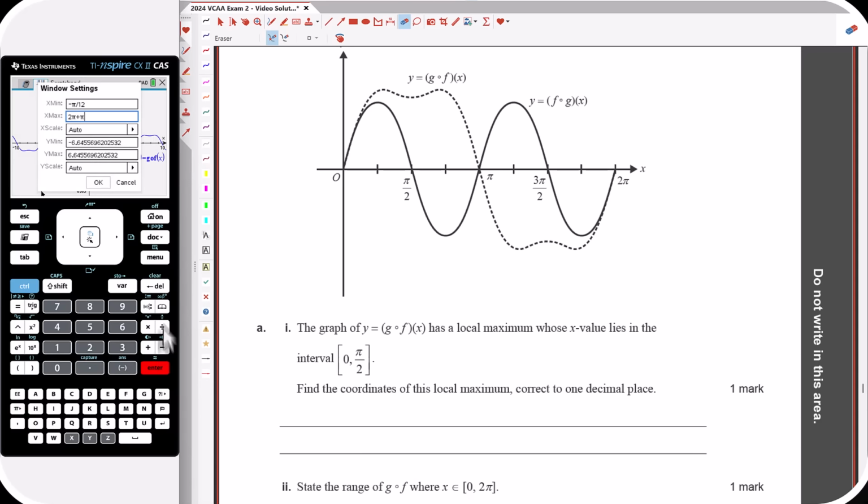I just don't like to have the window right on the ends of the graph. And then let's go with sine functions, so let's go with that. Okay, so let's see. That wasn't what I meant to change, sorry.